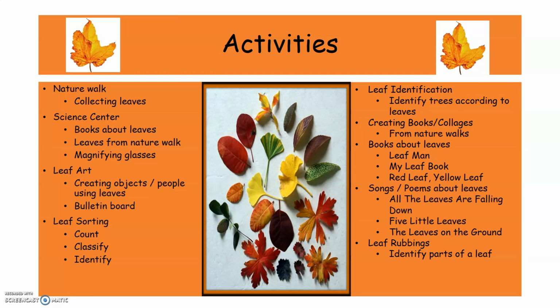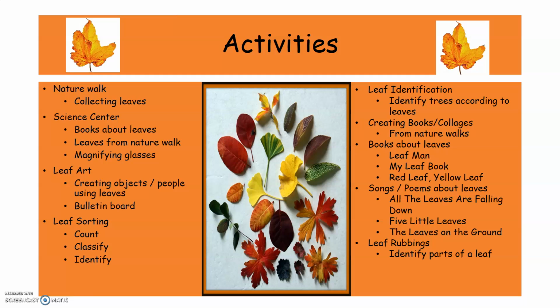We love to sort leaves. We count them, we classify them, we identify them if we can. And then leaf identification, where we're identifying trees according to their leaves. Creating books or collages from our nature walks, and these are great to put out in the centers or in the science center as well.